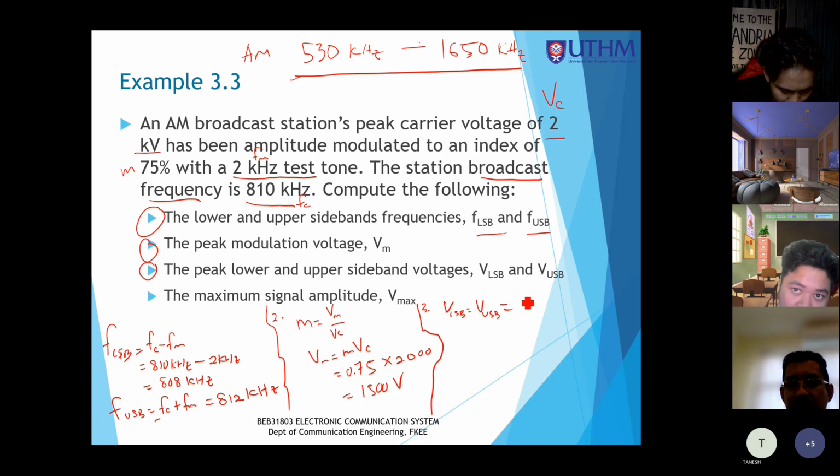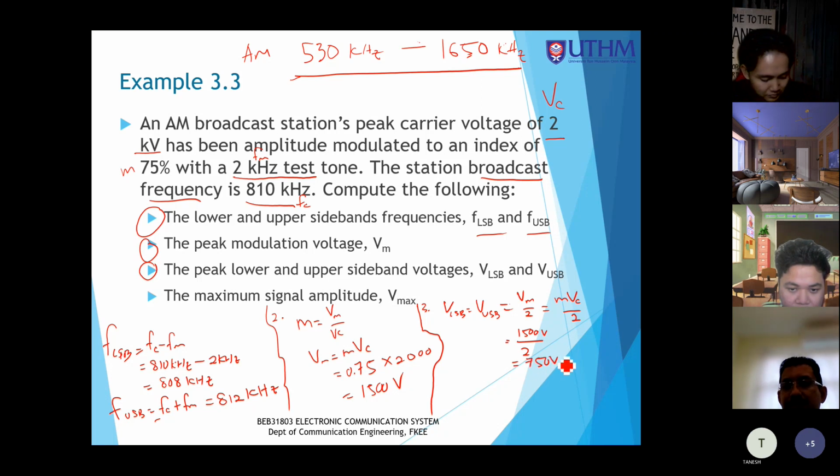Tadi kita dah belajar sebelum ni, untuk double sideband full carrier dia adalah VM over 2 ataupun bersamaan juga dengan MVC over 2. So mana-mana pun boleh. Okay, so katalah saya buat VM per 2. Okay, let's see, I use VM over 2. So that means this is 1500 divide with 2. Okay, so saya akan dapat bersamaan dengan 750 volt. Okay, bahagi 2, 750 volt.